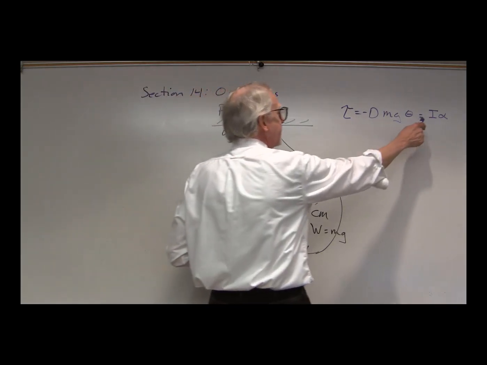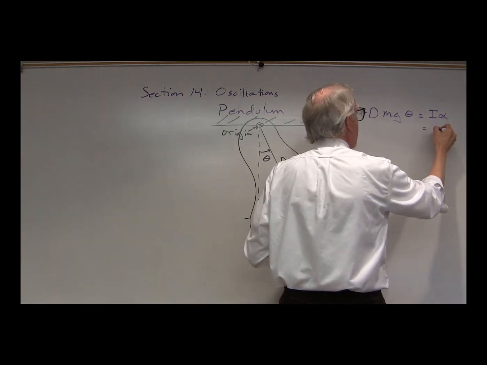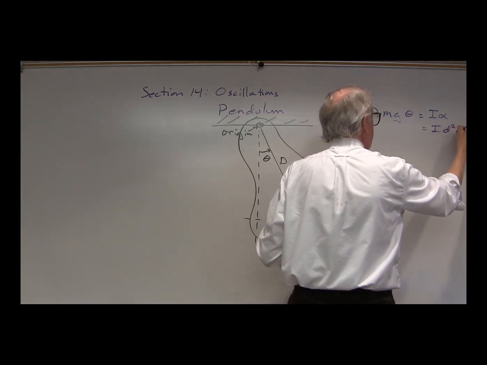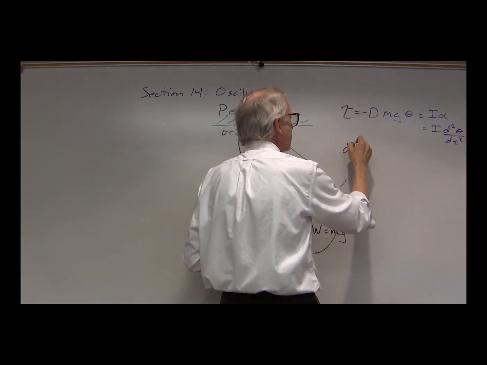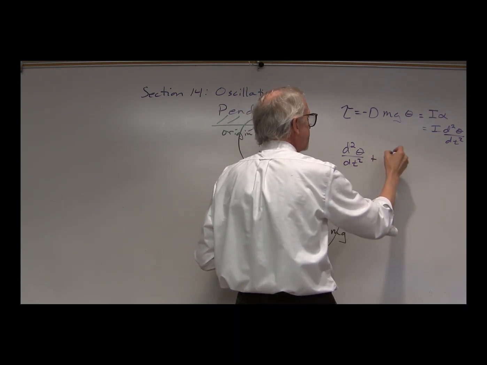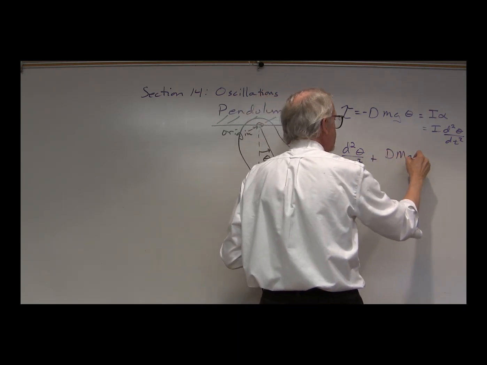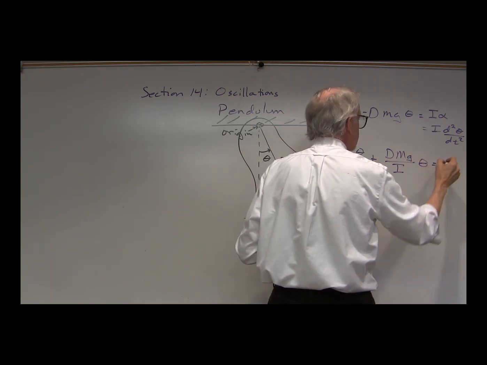So we'll just leave this as I, and then this is equal to I times d squared theta dt squared. In other words, d squared theta dt squared plus dmg over I times theta equals 0.